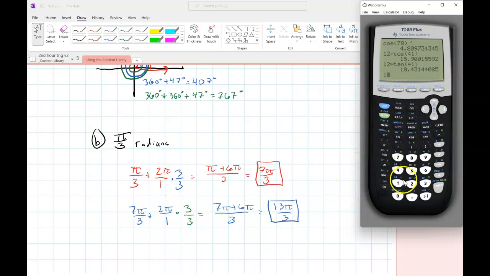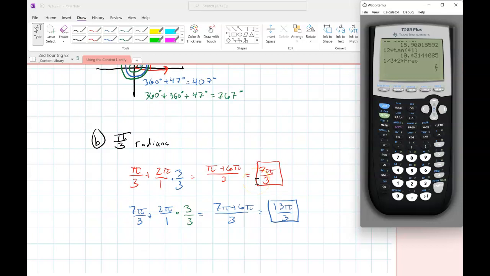So if I do 1/3 instead of pi over 3, plus 2 instead of plus 2 pi, and then press the math button and pick the fraction command, it'll give me 7/3, and then I just stick the pi back in at the end myself manually.